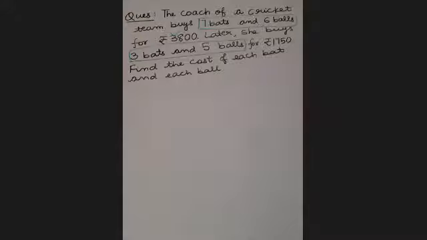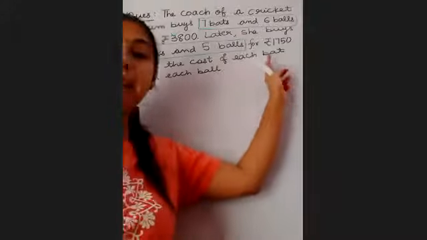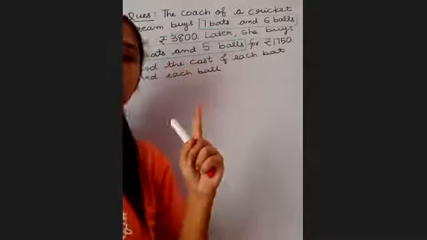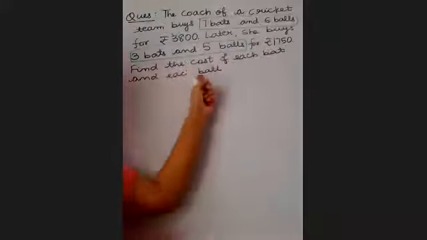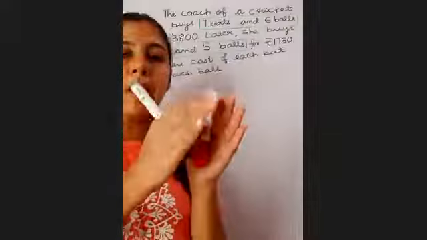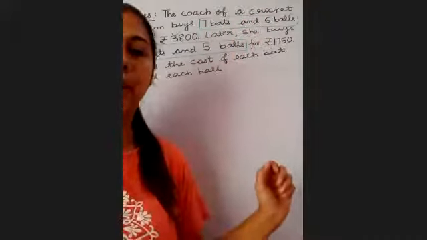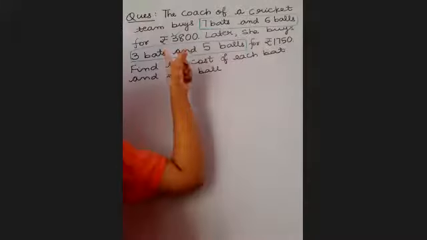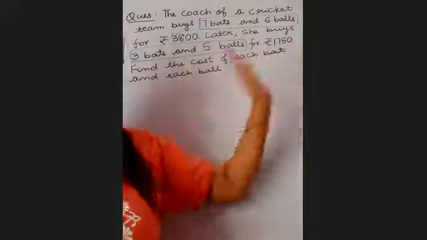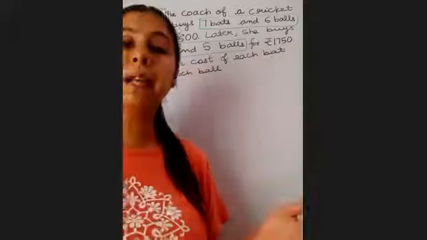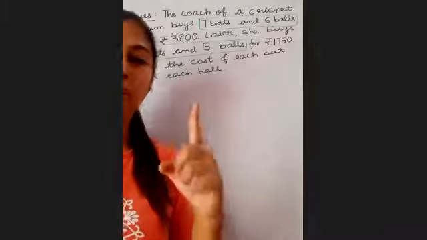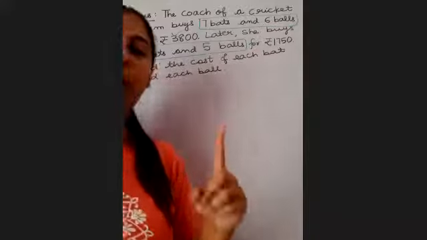She means that the coach of the cricket team is a lady over here. Find the cost of each bat and each ball. When she bought 7 bats and 6 balls, she paid 3,800, and when she bought 3 bats and 5 balls, she paid 1,750. So they are expecting us to find the cost of 1 ball and 1 bat.